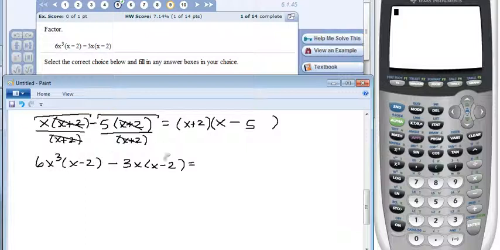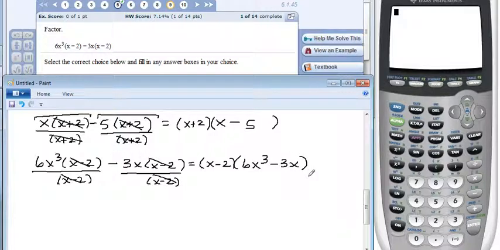But first of all I'm going to look to see that they have the x minus 2 in common. That's the most obvious thing that I see there. So if I divide through by x minus 2 and divide through by x minus 2, then this is gone, and all that's left there is the 6x cubed. And these are gone, and all that's left is this minus 3x.